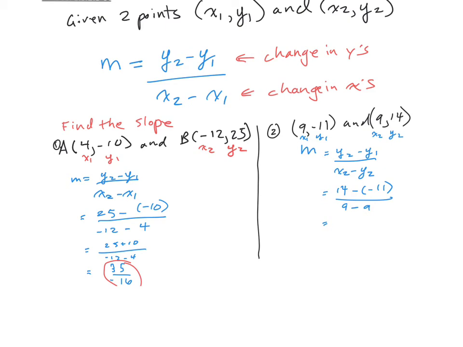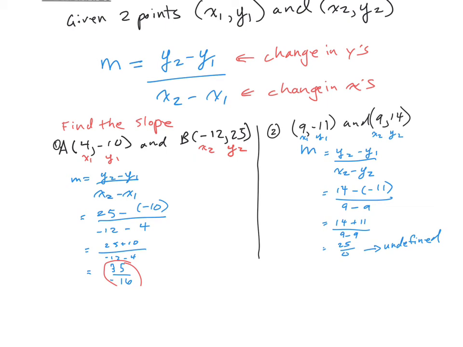If there's a negative, put a bracket around it so that you recognize it. You're going to get 14 plus 11, divided by 9 minus 9. And this is going to be 25 over 0, which we say is undefined. And we're done. 2 examples, we're good to go.